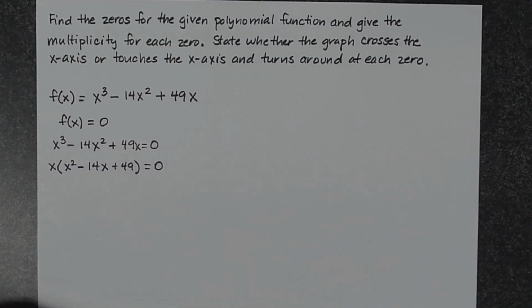And that's equal to 0. So I have x times (x squared minus 14x plus 49) is equal to 0.